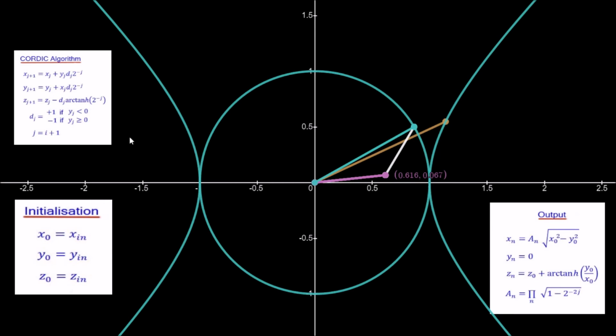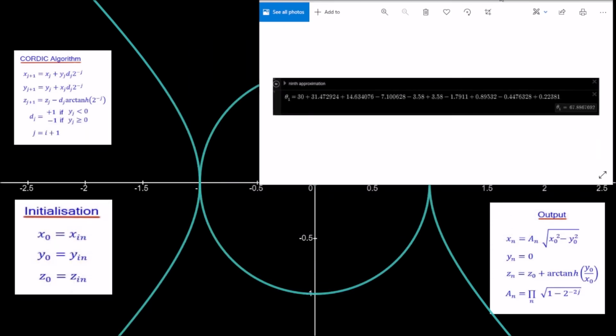So the angle we're going to be adding on is the arctangent 2 to the minus j. So that angle from the table which I have just shown you is going to be an angle of 31.47 degrees. And I have all of the angles already generated here from the simulation.